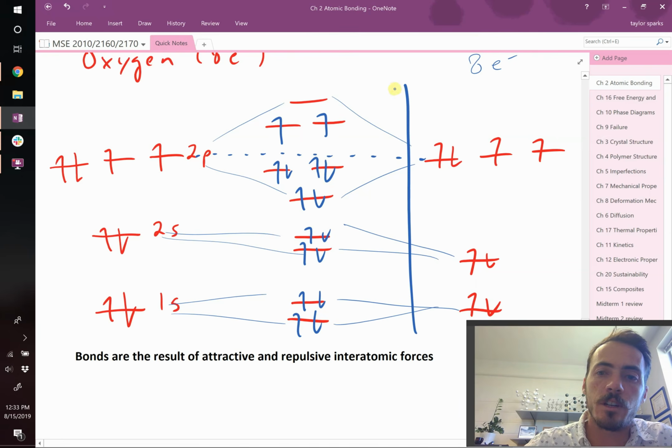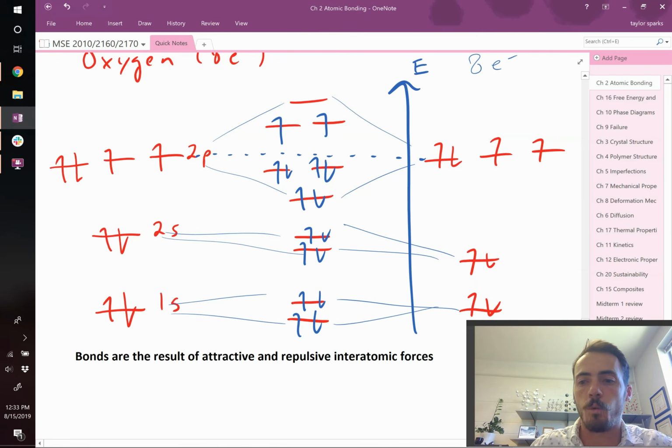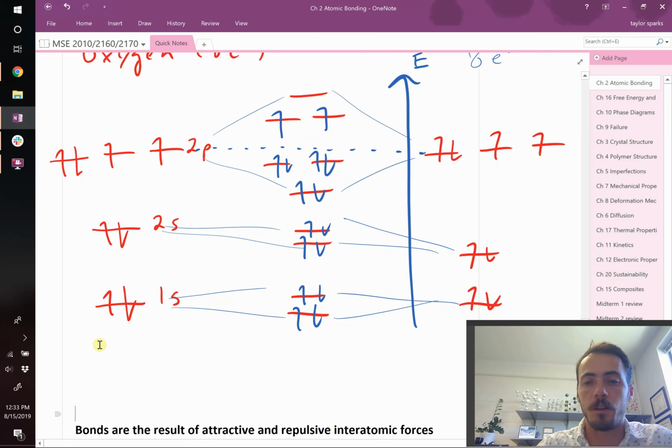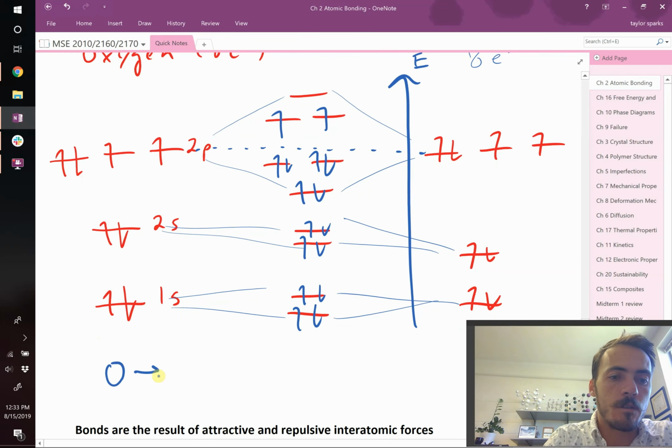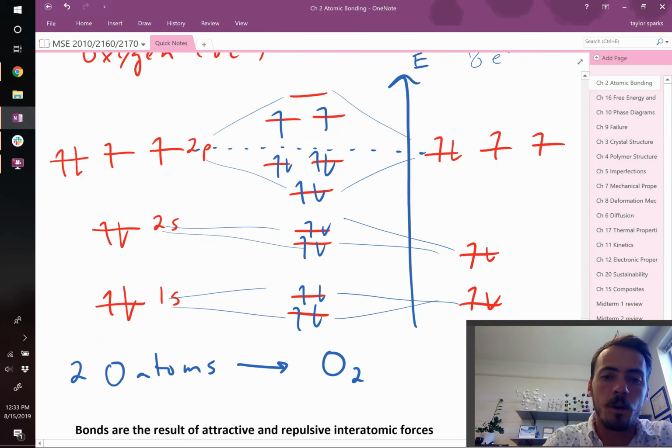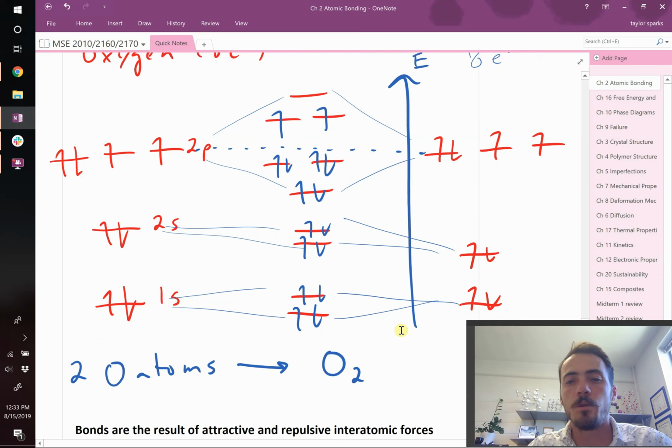Because energy goes up in the y direction here. And so by bonding, by going from an individual oxygen atom to an oxygen molecule, as two O atoms turn into an O2 molecule, we actually go down in energy.